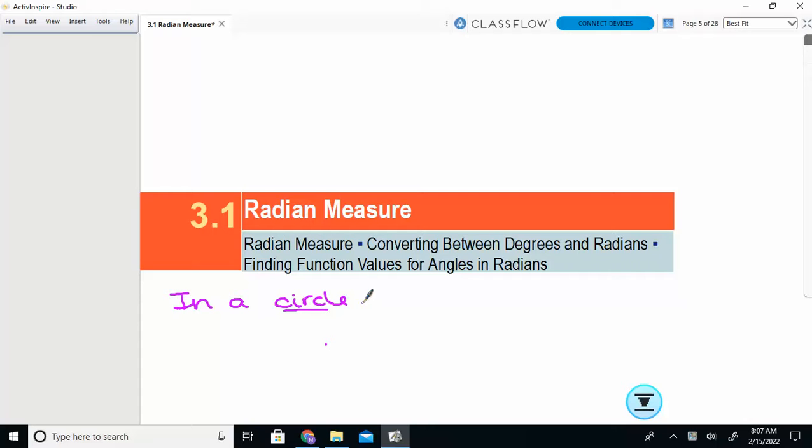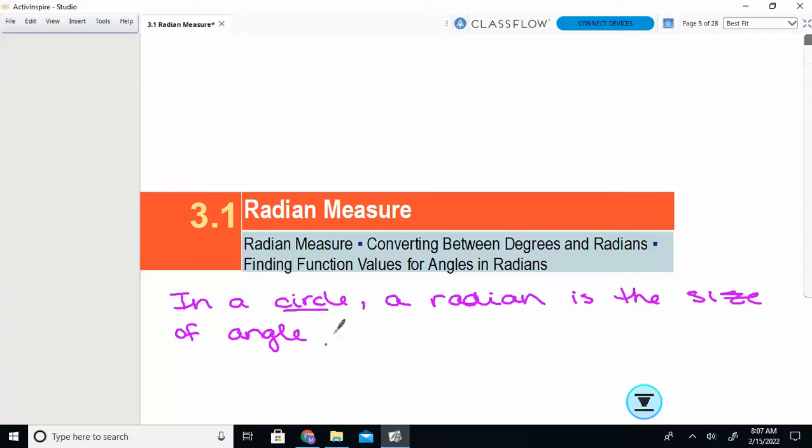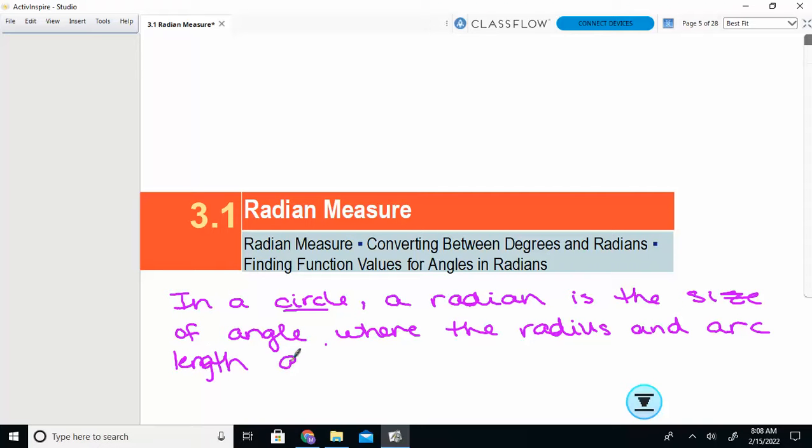so in a circle, a radian is the size of an angle where the radius and arc length are equal.